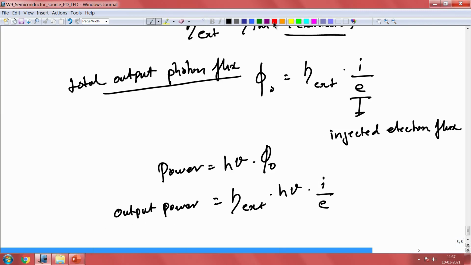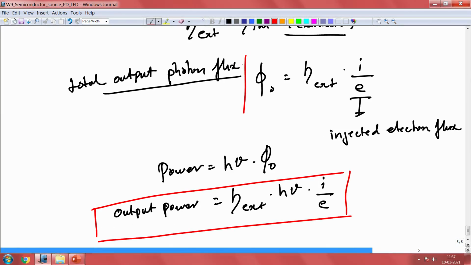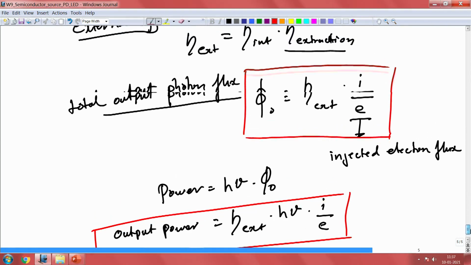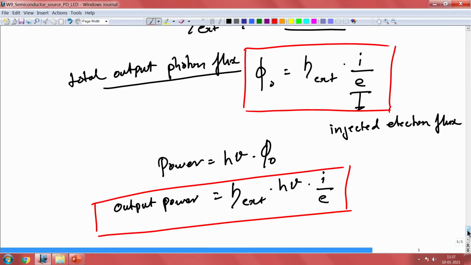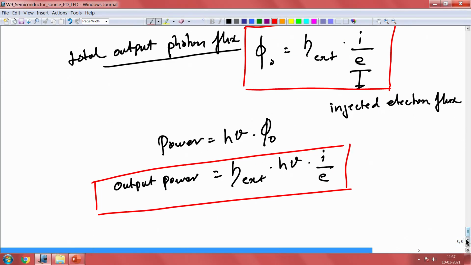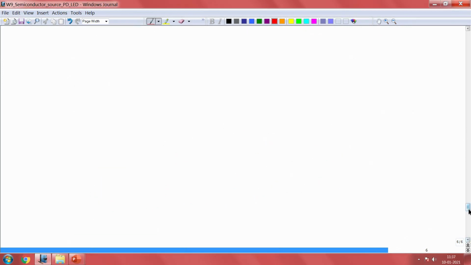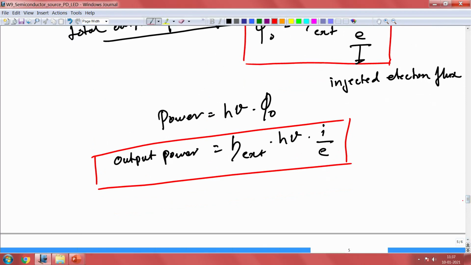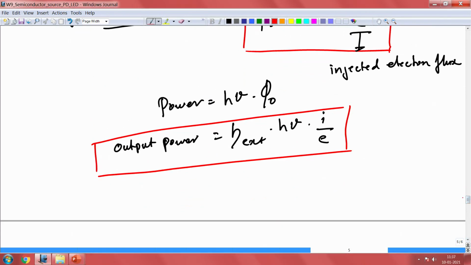So, these are all important relations that you would use when you are calculating your efficiency for a given structure, and what the output power is for a given efficiency and for a given injection and so on. So, just make sure that we revise all of this for the assignments and tests and so on.